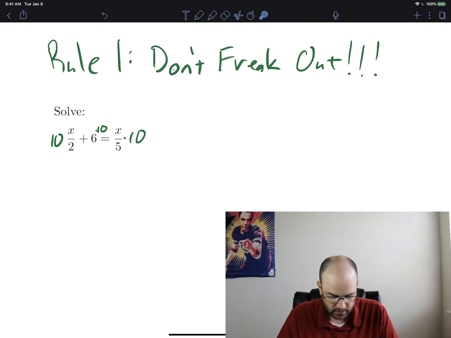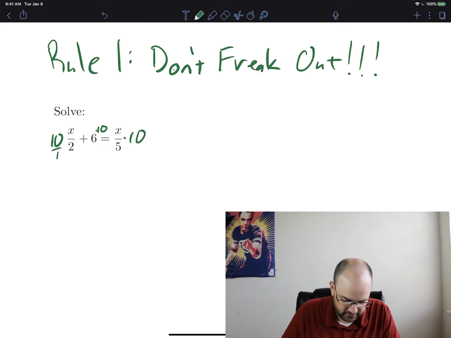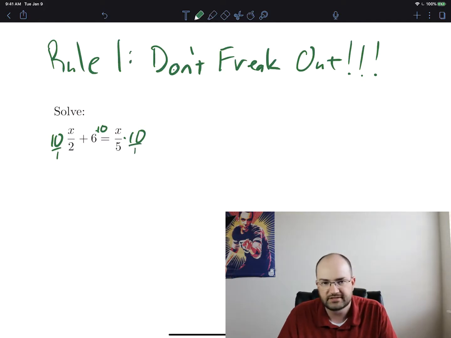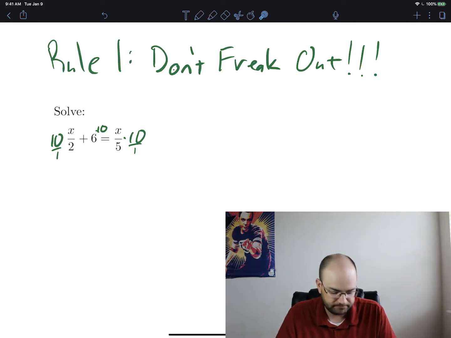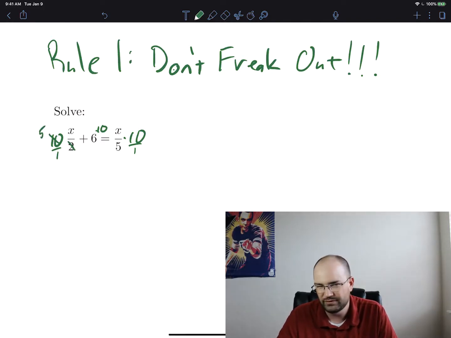Okay, so what do we do? Well, technically this is 10 over 1 times x over 2 and 10 over 1 times x over 5. And then you go from there. But notice that when we're multiplying, we always simplify first. 10 and 2 share a common factor of 2, so the 10 goes away, leaving us with 5, and the 2 goes away, leaving us with a 1, but we don't need it.